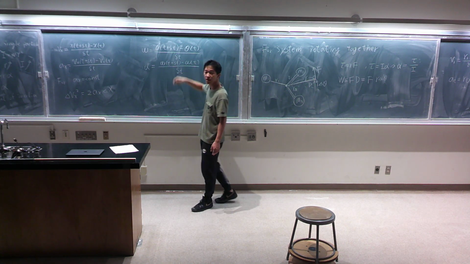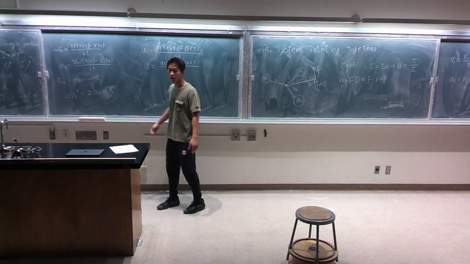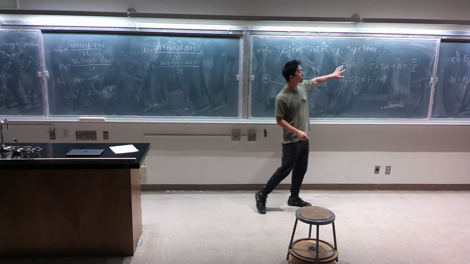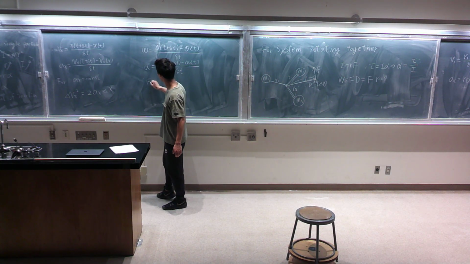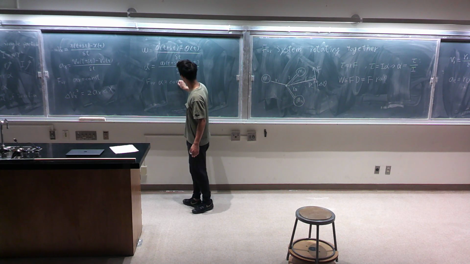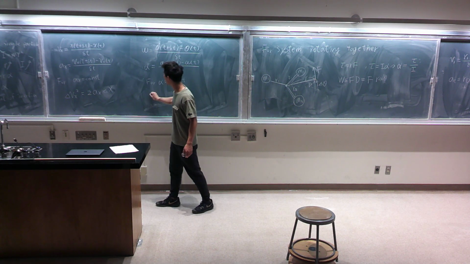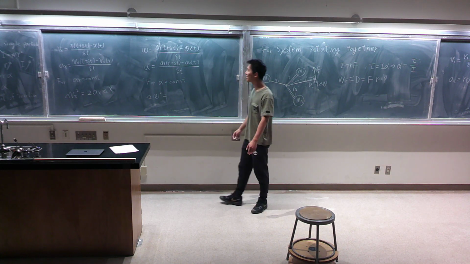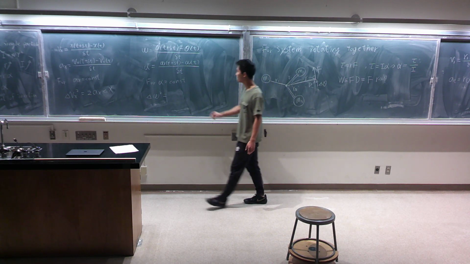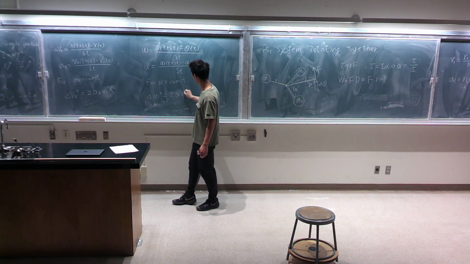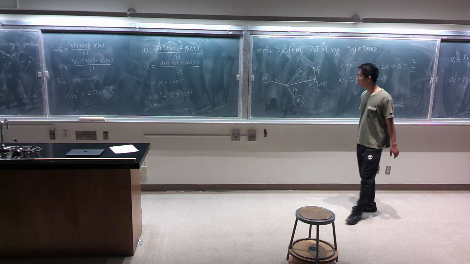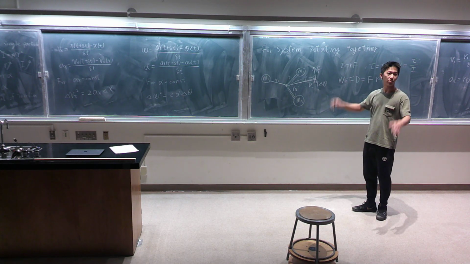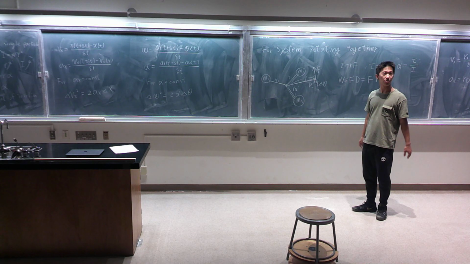Because their relation is exactly the same, if I have a constant torque, which gives me a constant angular acceleration, I will get that the change of angular velocity squared equals what? 2 alpha delta theta. Good. So that's how you can apply the math you already done to new stuff. Okay.